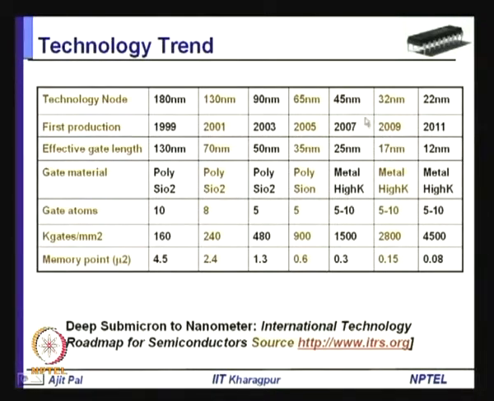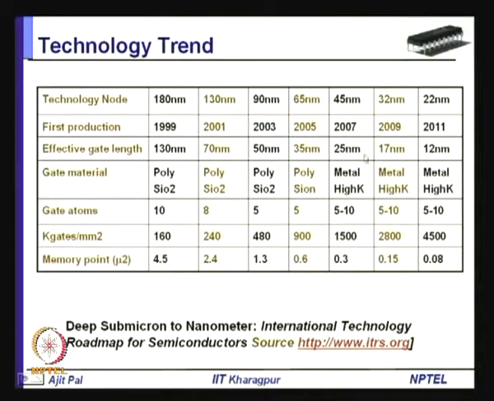So, this is the trend which has been predicted by ITRS, and as the technology is changing, these are the effective gate lengths for different technologies. For 180 nanometer it is 130 nanometer, for 130 nanometer 70 nanometer, for 90 nanometer 50 nanometer, and so on.